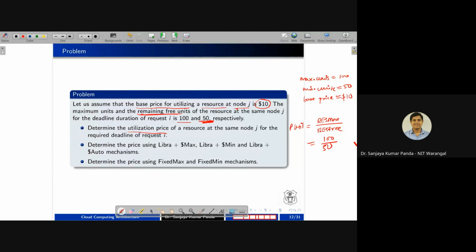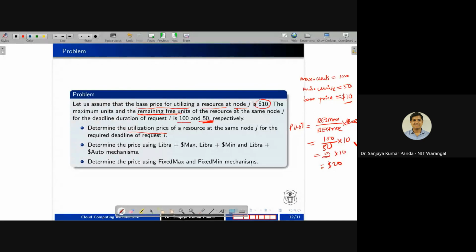So if you calculate this, you get the value 2. And it should be multiplied by our P base price. Our base price is $10. So 2 into 10, I get $20. So the utilization price is $20.